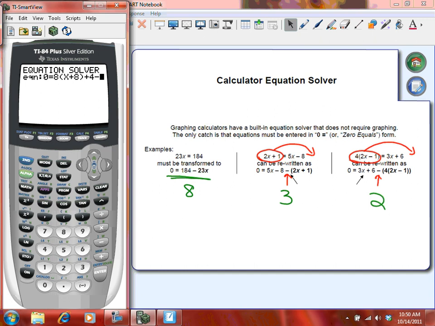and everything to the left side of the equation we're going to type in. But everything in the left side has to be in its own set of parentheses. So there's my first parenthesis. Now I'm going to start typing in everything that I see to the left. So I'm going to do 9 parenthesis x plus 8, close your parenthesis, plus 6.